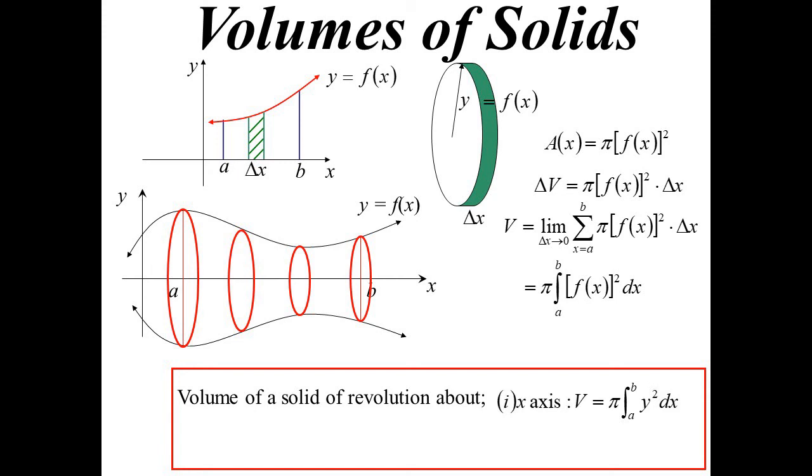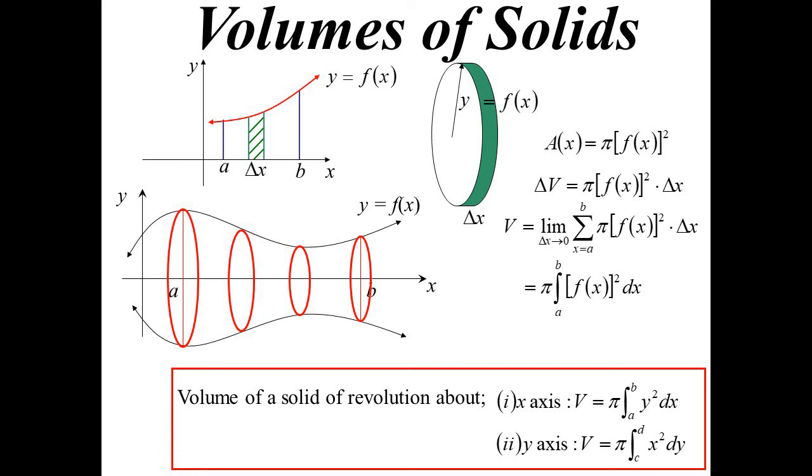An easier way to remember it is rather than saying f(x), you just say the y value. So we get pi times the integral of y squared dx. That means we have to substitute the function in for y because everything's in terms of x. That means our limits also have to be in terms of x, so we're going from a to b. If we're going around the y-axis, then the formula would become x squared dy.